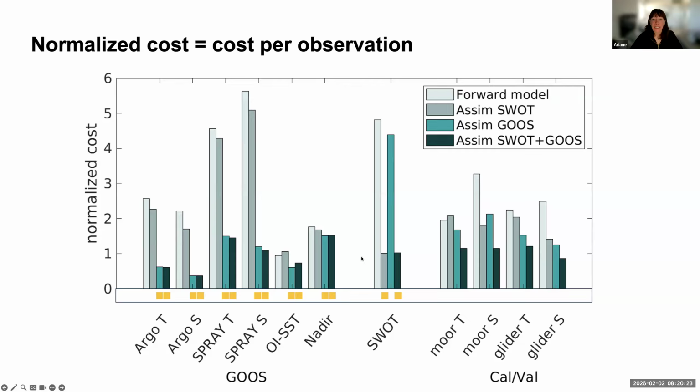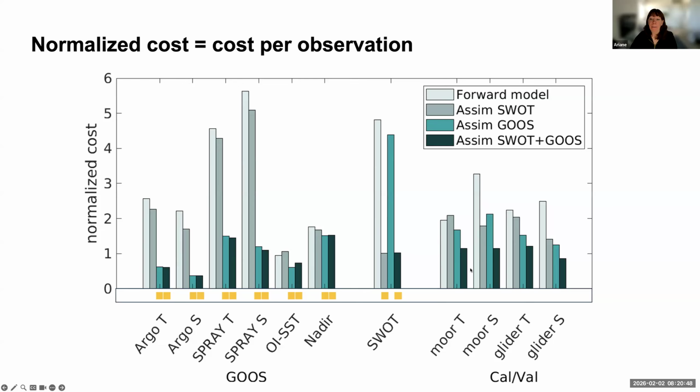And for the SWOT data set, when it is withheld, again, slight reduction, but when we are assimilating SWOT data, we can bring it down to a normalized cost of 1, which means that we are within the prescribed uncertainty, since the cost is misfit divided by the assigned uncertainty on this data set.